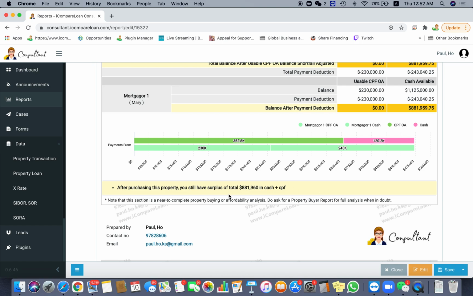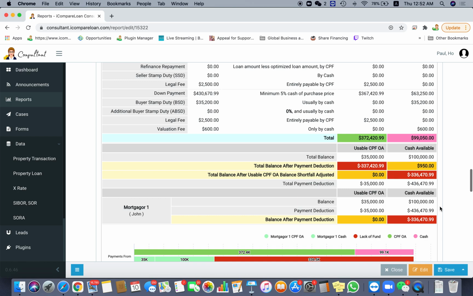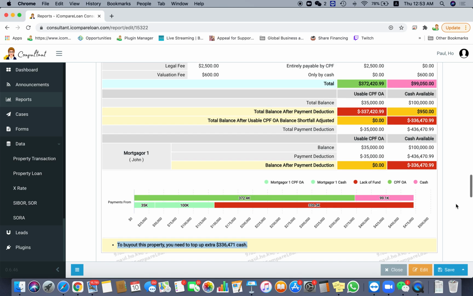So you will see that Mary will have 881,000 even after buying over a new property, whereas John would have a shortfall of $336,000 for buying over Mary's share, right? This is a point of consideration. Then that's where you can discuss further how to bridge this gap. Are there ways to bridge this gap, right? And that would be a topic for another chapter.